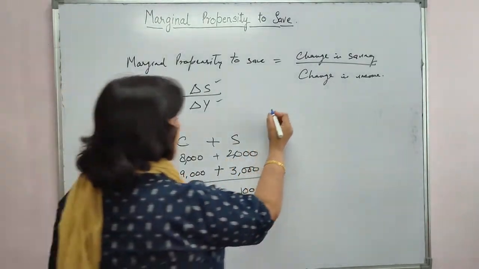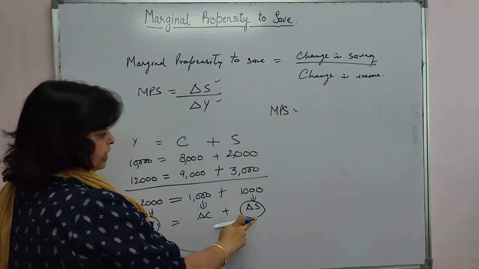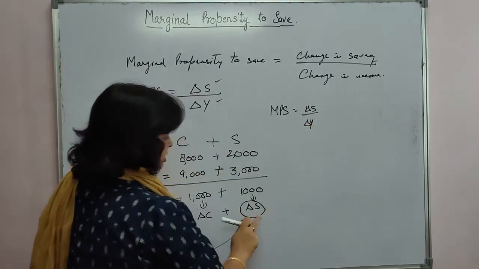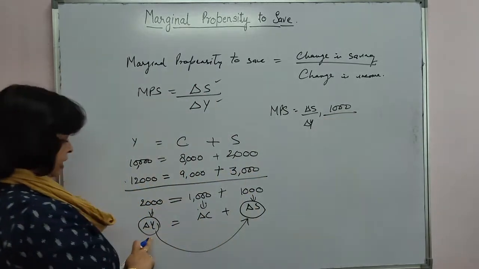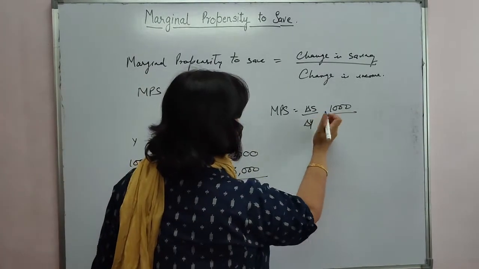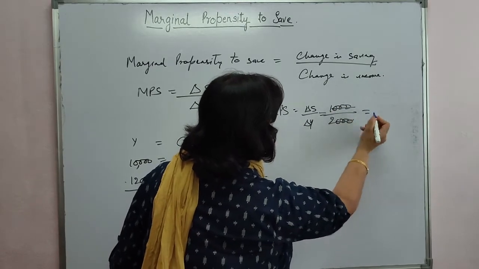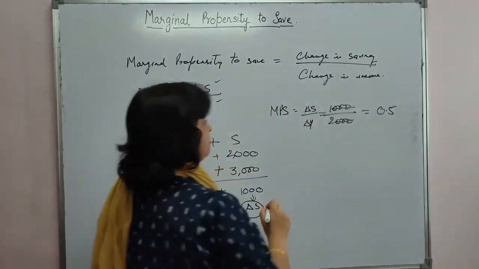If you have to calculate the value of MPS using this data, it is delta S upon delta Y. Change in saving is equal to 1,000 and change in income is equal to 2,000 rupees. So it is 1 divided by 2, which is equal to 0.5.